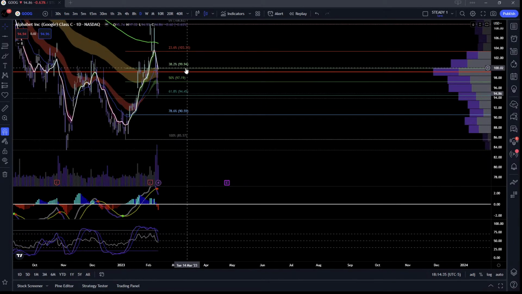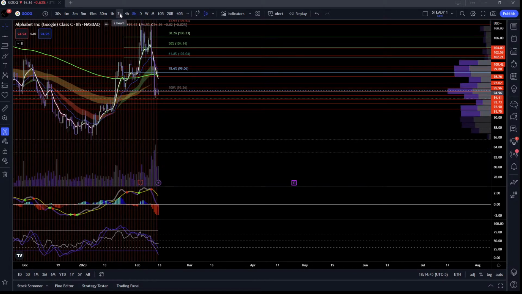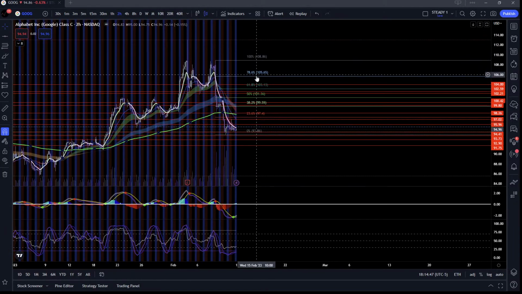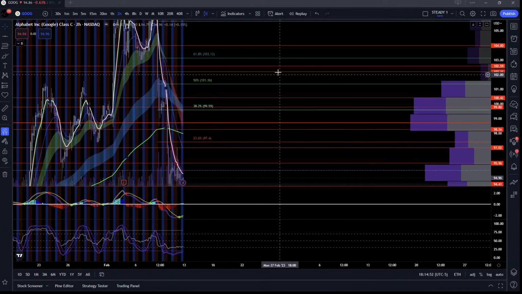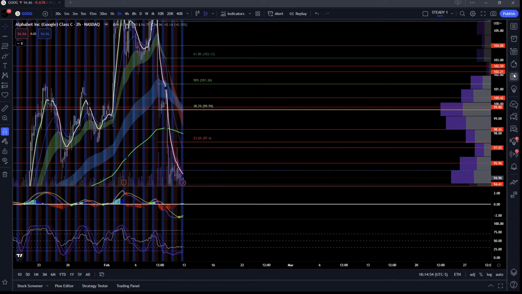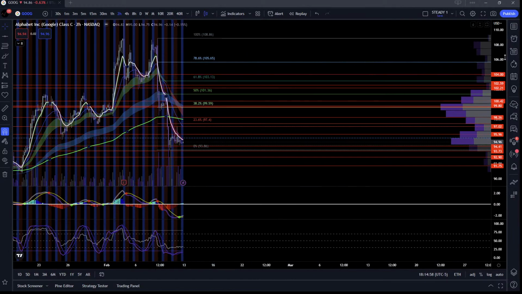For the upside, 99 point, I personally like 100 for Google, a whole rounded number. You're below that 38.2% daily fib level for the upside, and if you can get a close above those levels, I would like that for the upside. And then above 100, you have a potential zone here that you can use, 102.21 to 105, 102.59, 104 is your next level there.